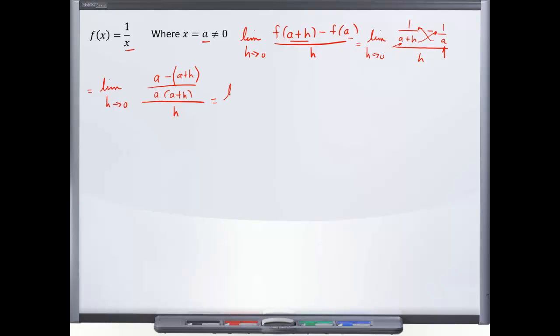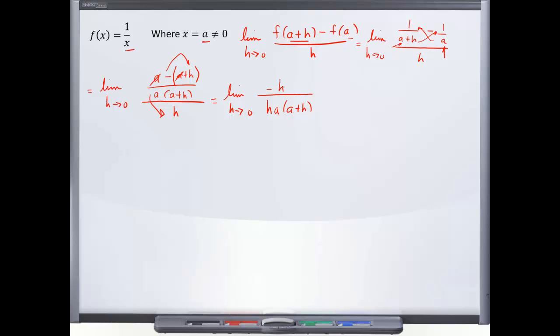This isn't so bad, because I can now see that a minus a is going to cancel. I didn't forget to distribute my negative sign, so I'm going to get negative h. And then I'm going to pick this up and move it down to the bottom. So I'm going to have h and then the piece that I moved, so I get h times a times a plus h.